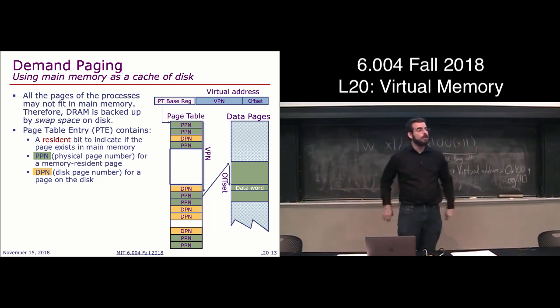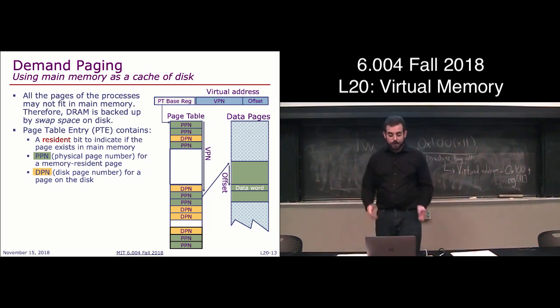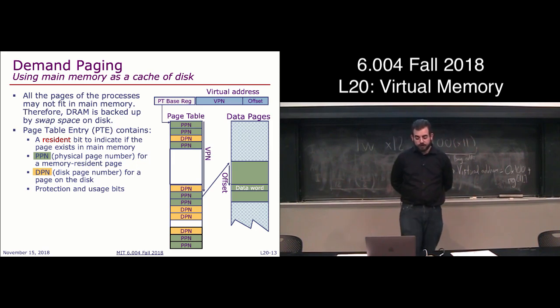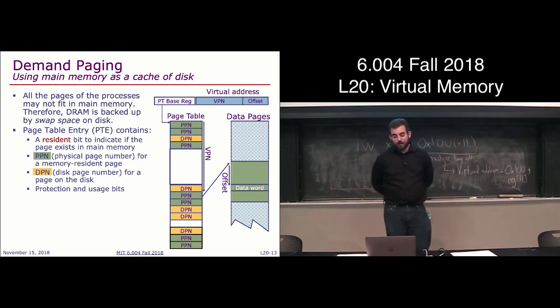We're basically going to point to the location in the swap space on disk that has the page that we want. Apart from this, there are some protection and usage bits. Things like, has this page been written to, so that we need to write it back to disk if needed? Or can this page be written? If it's code, maybe you don't want to allow programs to write to that memory.